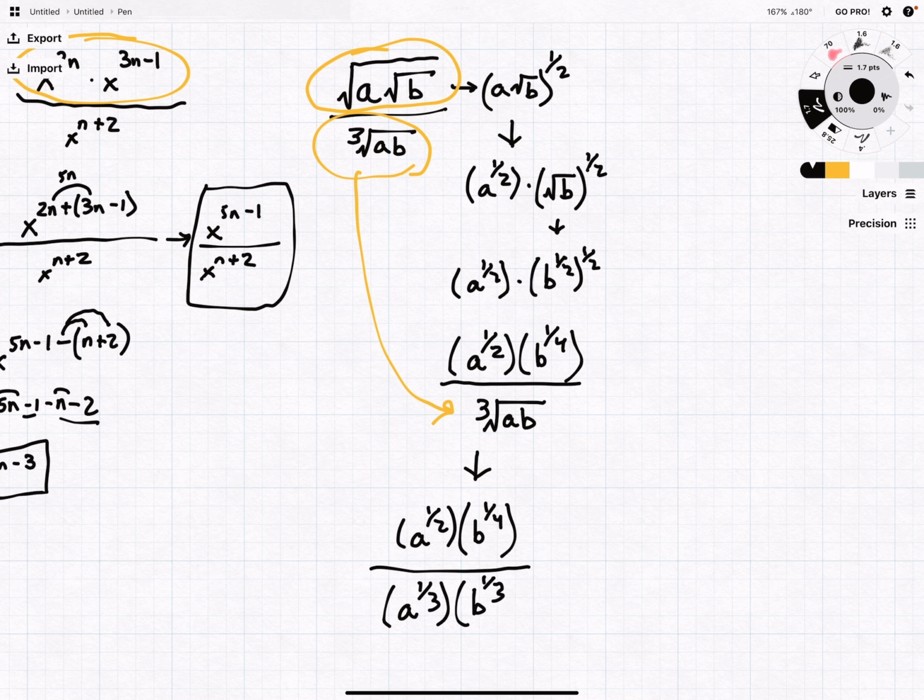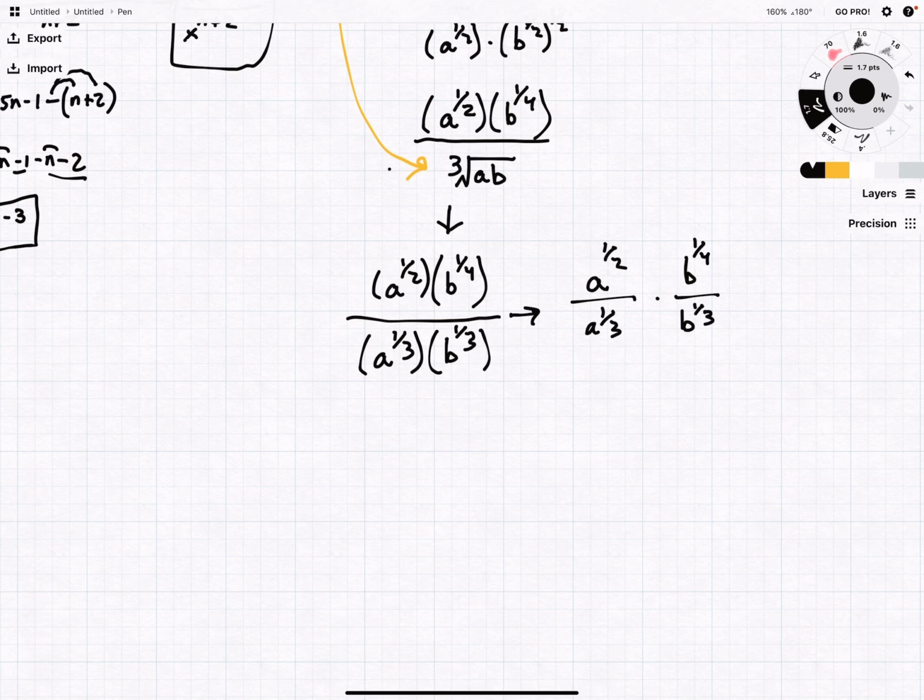Now, the next thing I'm going to do is split up our fraction. That way we have two fractions that we're multiplying together. So I'm going to have A's with A's and B's with B's. We have A to the 1/2 over A to the 1/3 times B to the 1/4 over B to the 1/3.